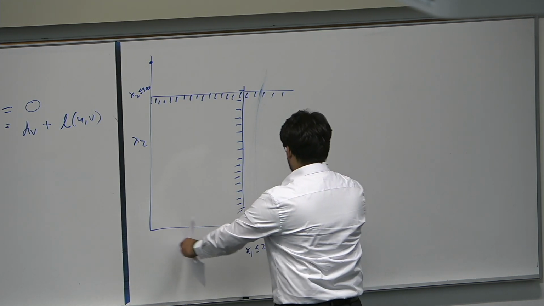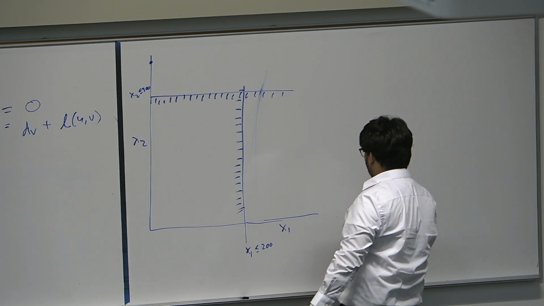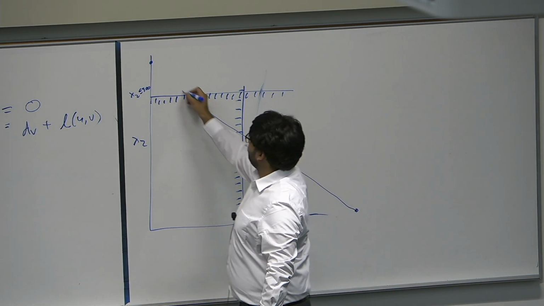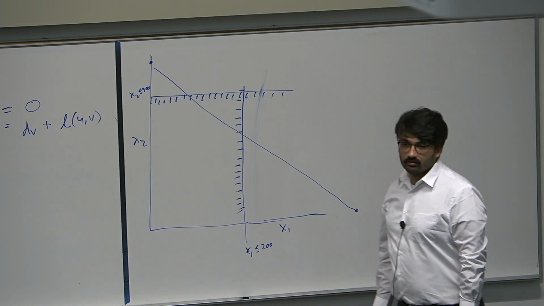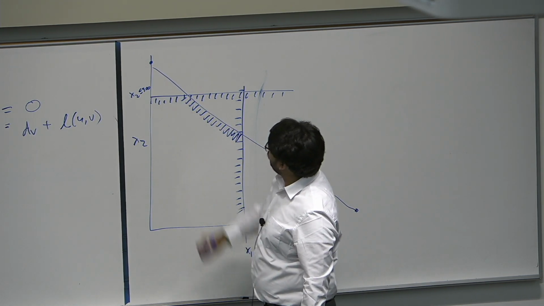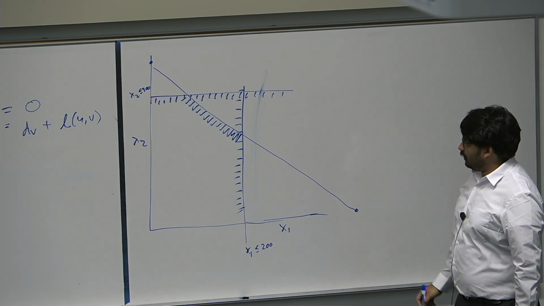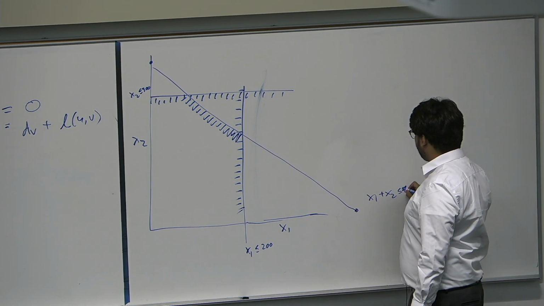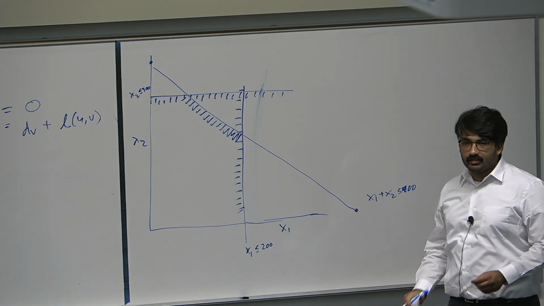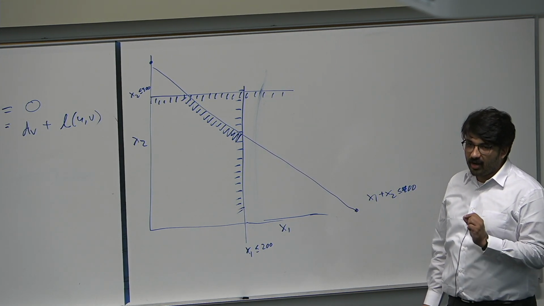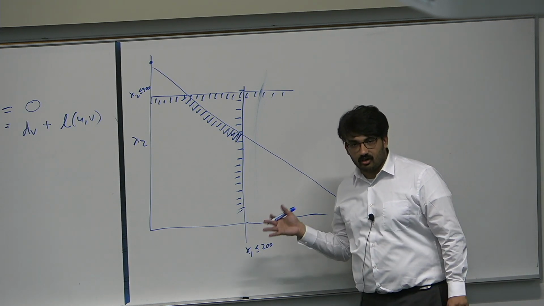So that's probably 400, right? So then I'm going to go like this. That looks right? Believe me? Okay. And this is x1 plus x2 is less than or equal to 400, right? Now, if a linear program has a solution, the pair of points must satisfy these three inequalities.